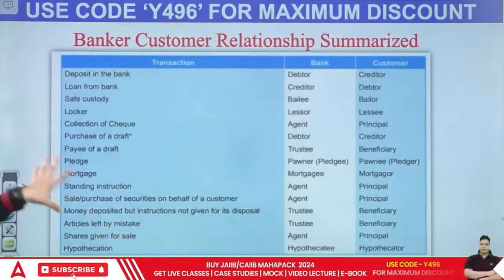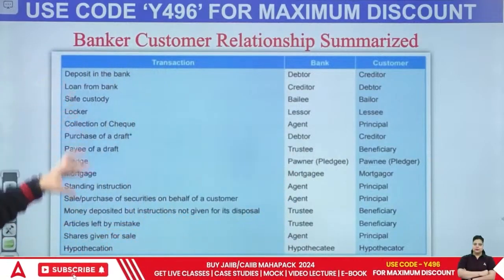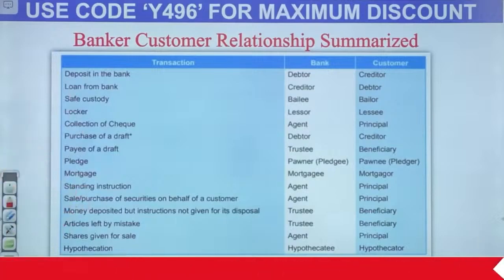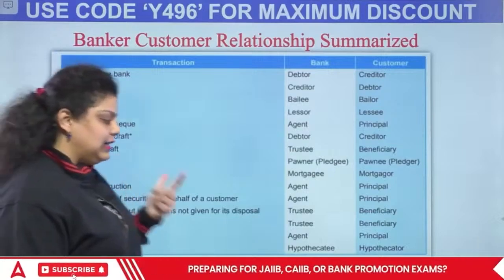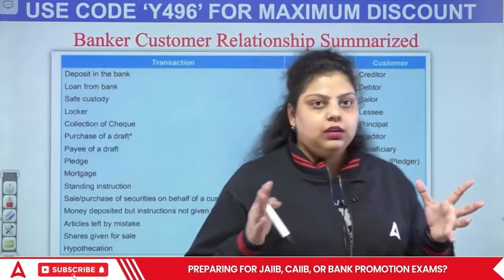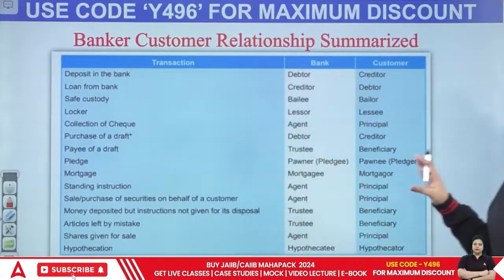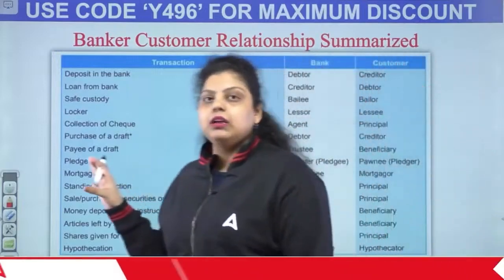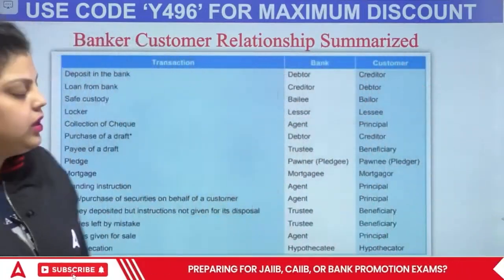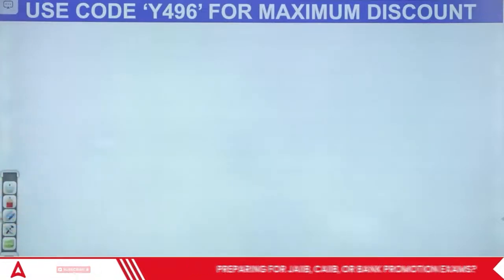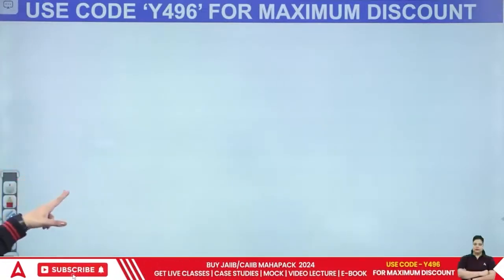Okay, so this is the banker customer relationship. We have summarized this in a single slide, but you have to study in a little bit more content with the examples, so that if a case study is given to you on banker customer relationship, you will be able to answer. So we have summarized here just for a basic understanding of the chapter.